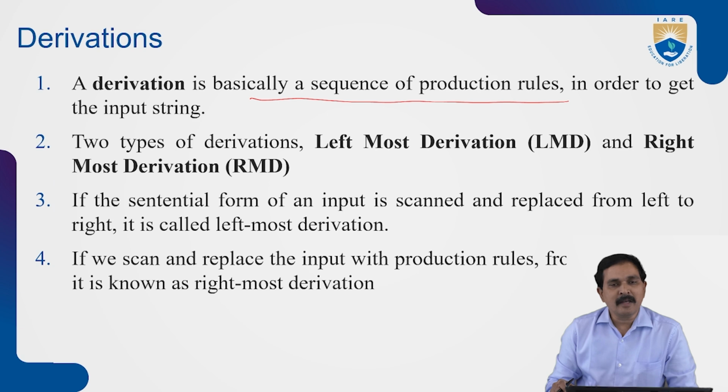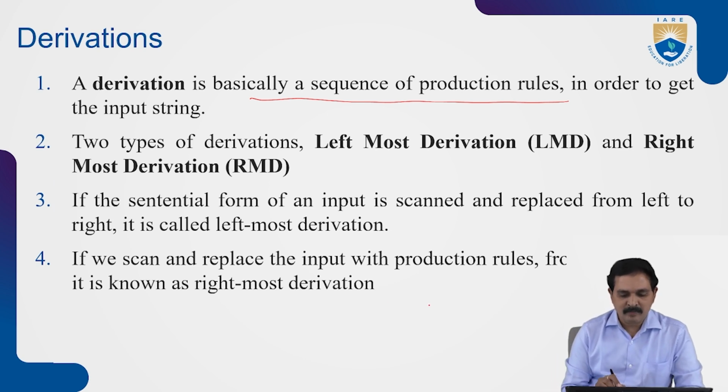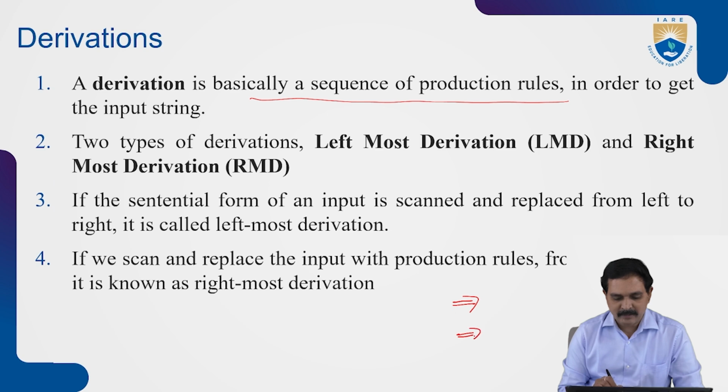In a derivation, you obtain the string using a single derivation or multiple derivations. For a single derivation, we make use of the symbol implies. In the case of multiple derivations, you make use of the symbol asterisk, which means you can apply the single derivation multiple times.